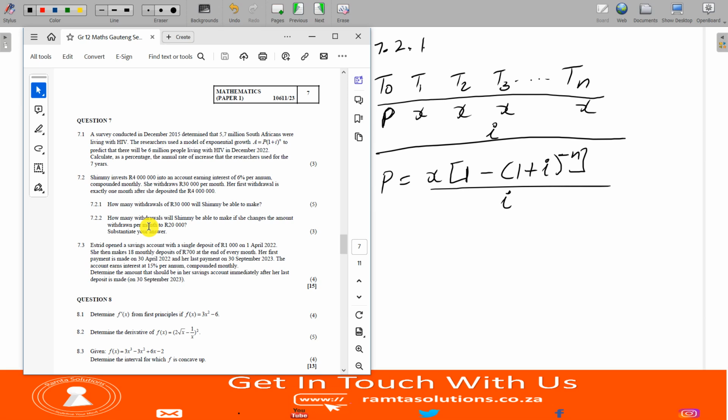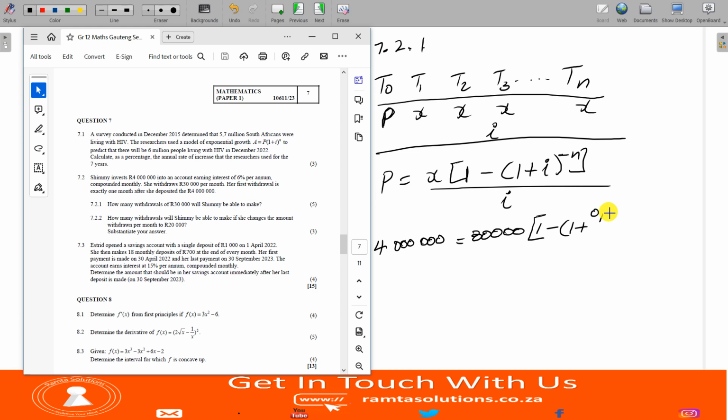Now, P was 4 million. I have to add that: 4 million, it's 4 and 6 zeros. And she's withdrawing 30,000 rands. Minus 1 plus the interest.